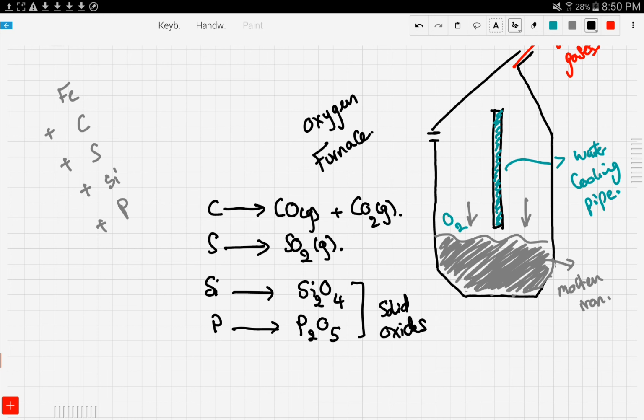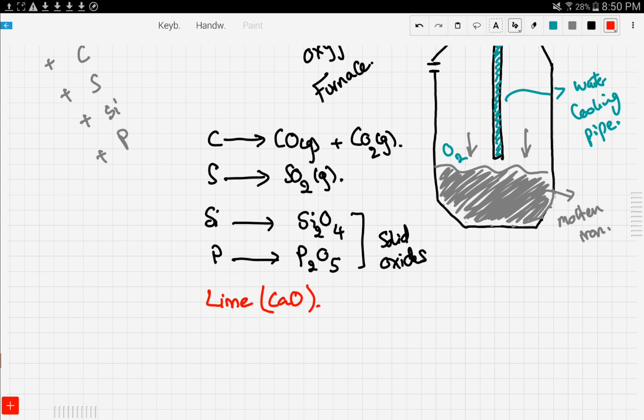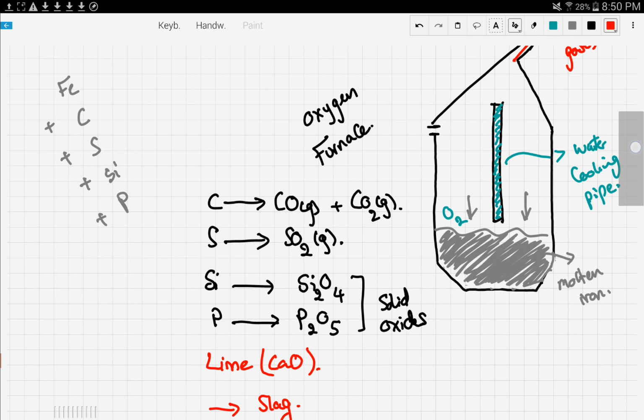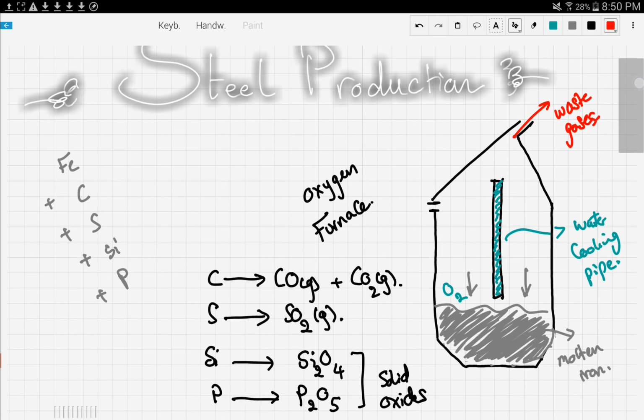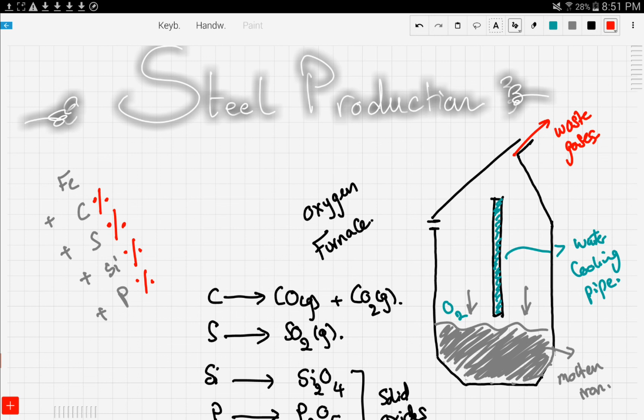Well, we add some lime, which is calcium oxide, to this, and calcium oxide will convert the solid oxide to slag, and slag is then collected. So this process continues until we get the percentages required from the carbon and the silicon and the phosphorus and so on. When we get the required percentages, this process stops.